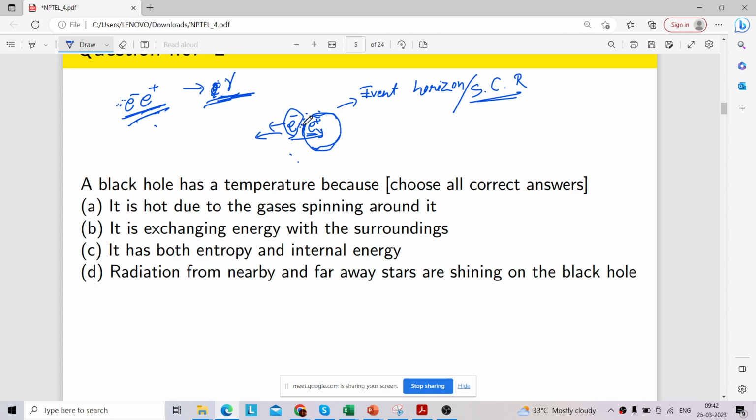Some of its energy near this event horizon will be used to pair produce a particle and antiparticle pair, out of which one particle will be captured by the black hole and the other one will escape. So black holes radiate like this. This phenomenon is known as Hawking radiation.